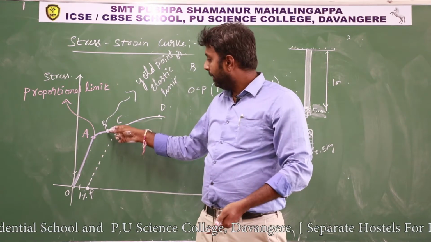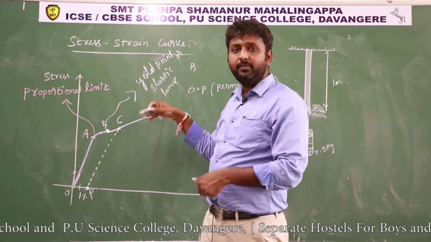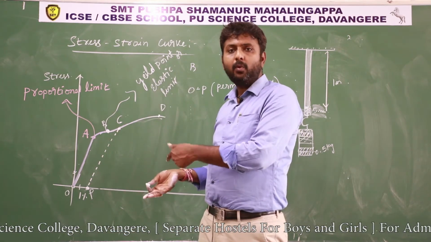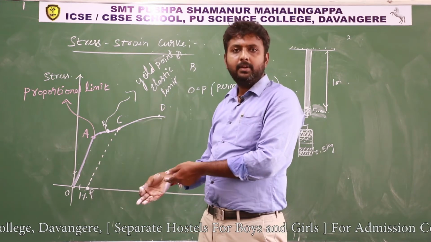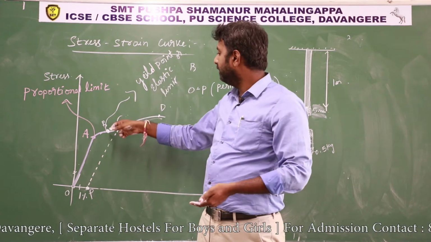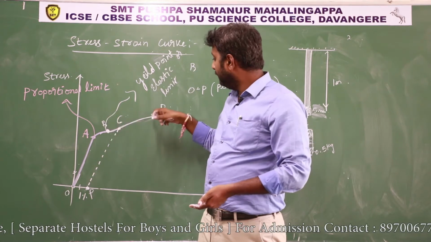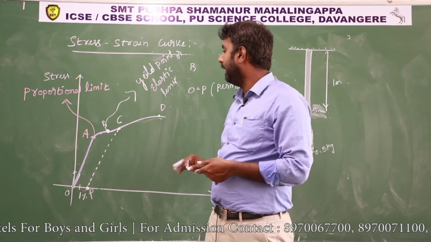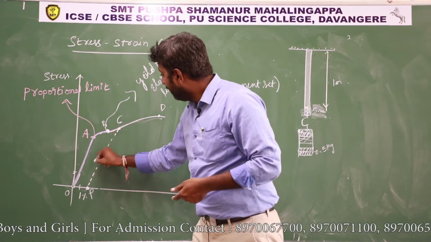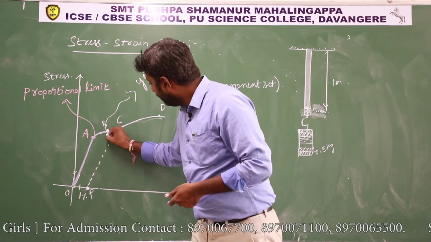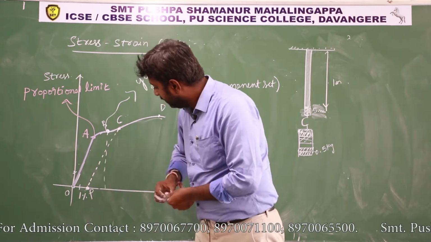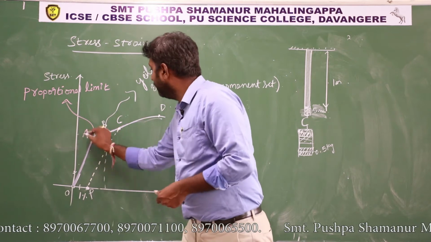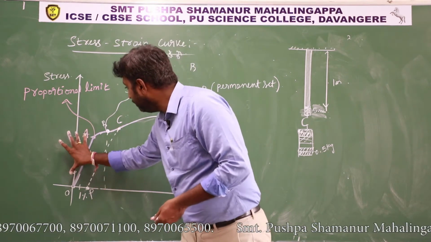But after B point, after the yield point, for every material there will be a yield point, whatever stress you give, from B to D, even for a small stress, the strain produced is large. You can see in the graph, from A to B the strain is this much only, but the stress is from this point to this point.